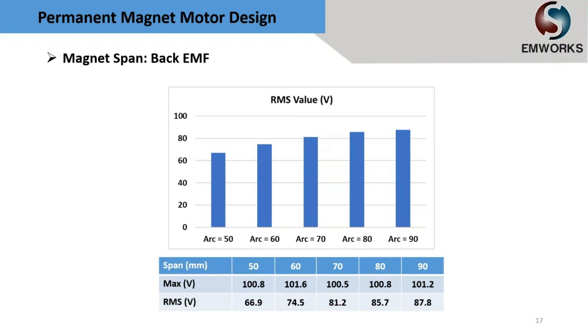For example, when you increase the magnetic span from 50 to 60, the RMS value goes from 66.9 to 74.5, which is around, I assume, 7.6 volts. But when you increase it from 80 to 90, it's just around 2.1 volts. So you can see here clearly that the RMS value you are gaining is not a big number. So it doesn't mean that increasing as much as possible is going to gain you as much as you expect.